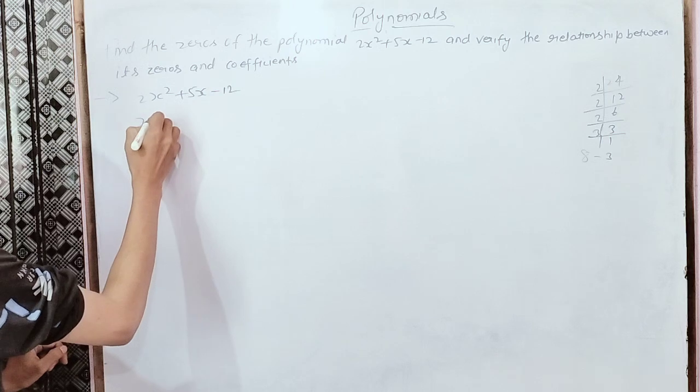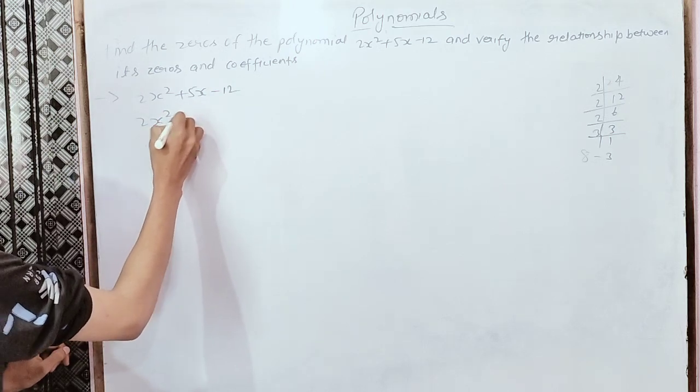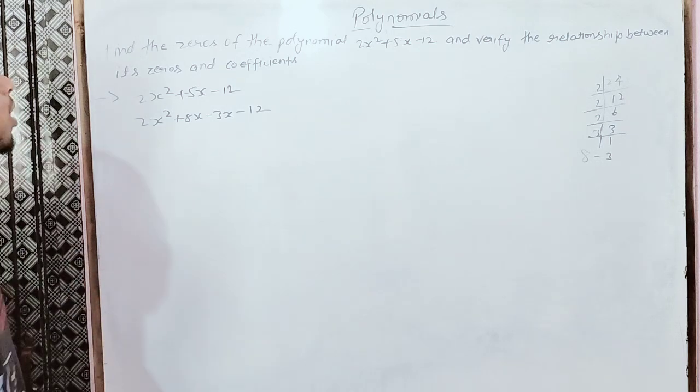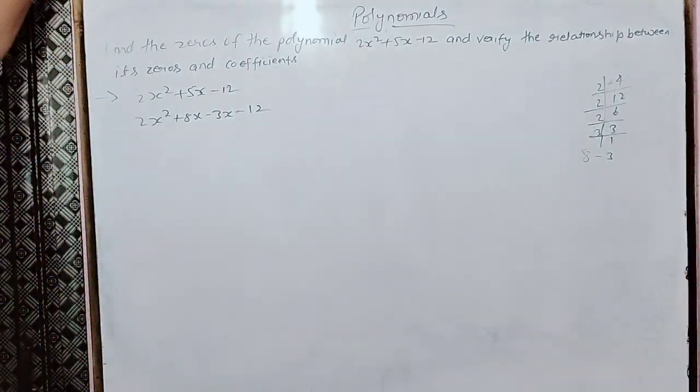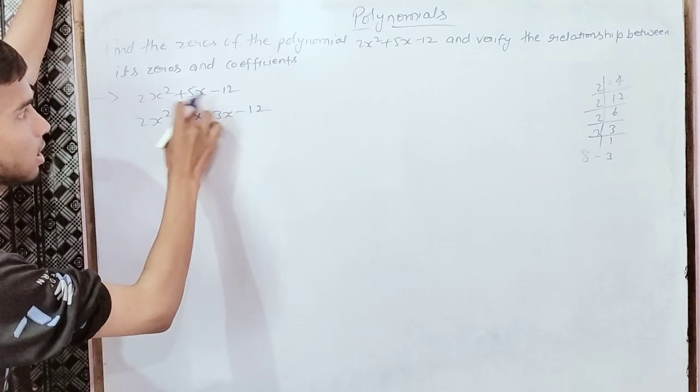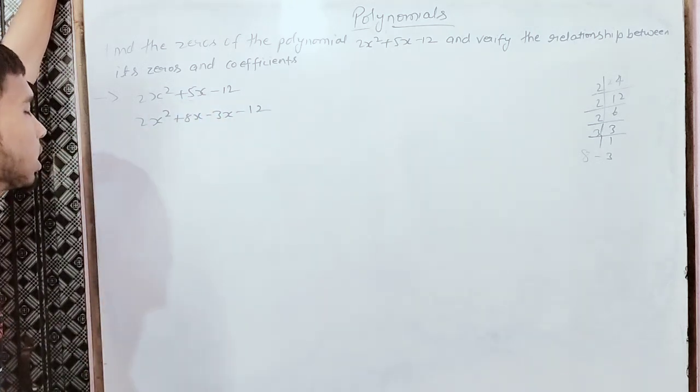So can we write plus 8x minus 3x minus 12. Okay, it is correct. We have factored it, plus 5x.